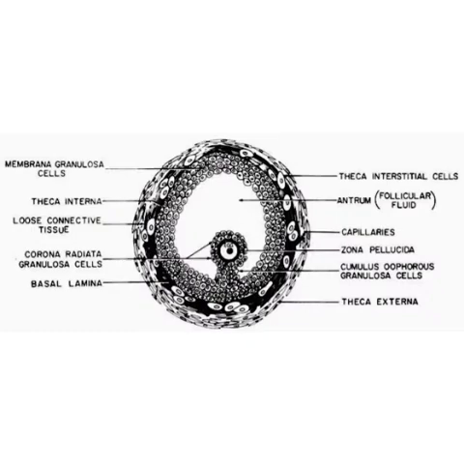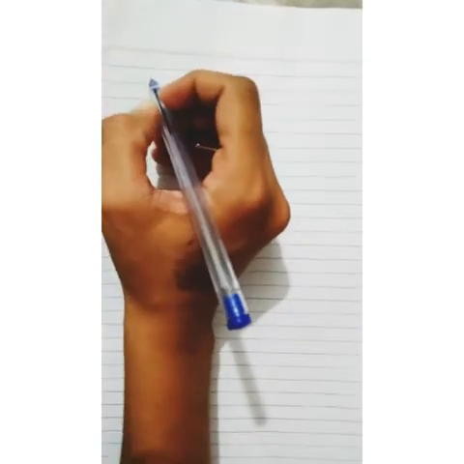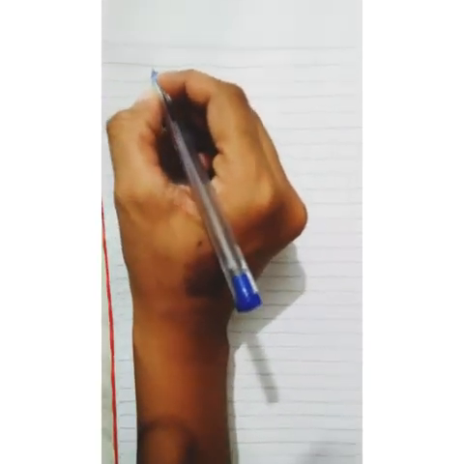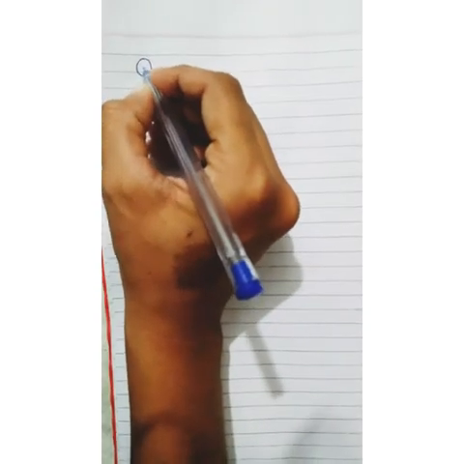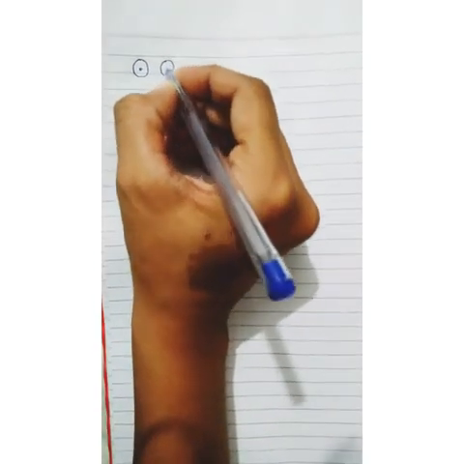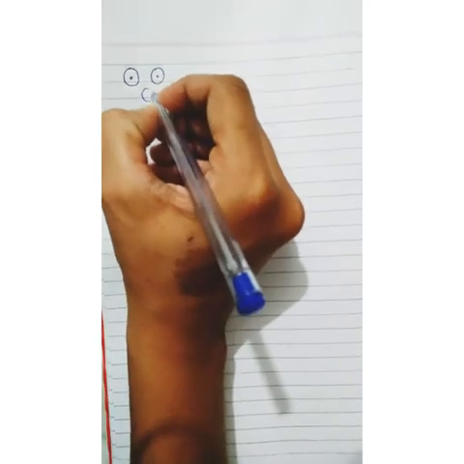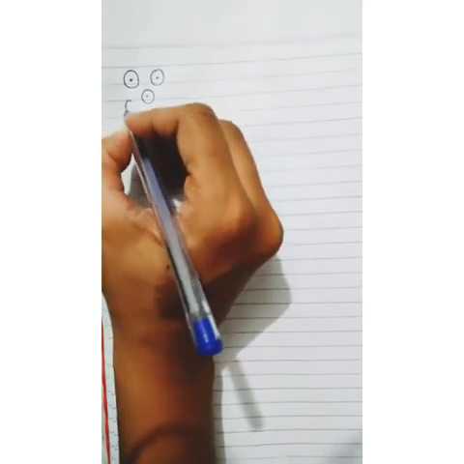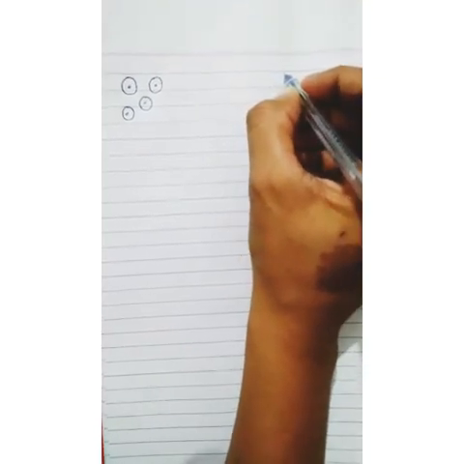This is the structure of the Graafian follicle. Now I will show you diagrammatically what happens in IVF. Collection of the egg is being done. These are the eggs which are being retrieved from the woman, and these are the sperm.